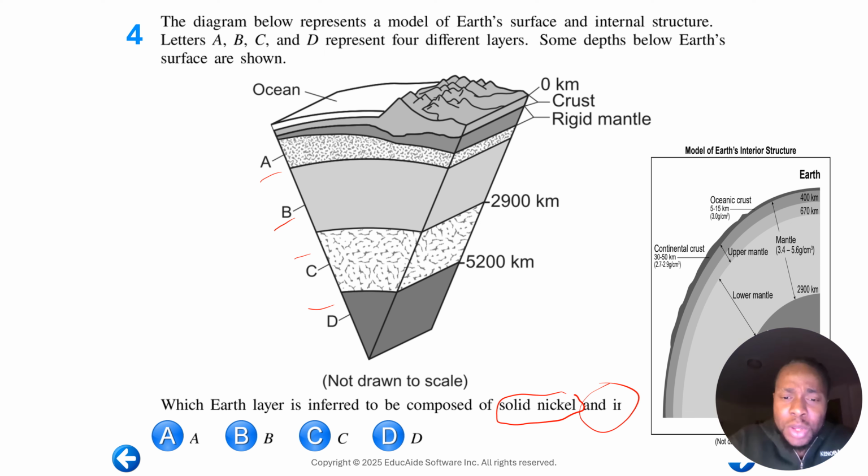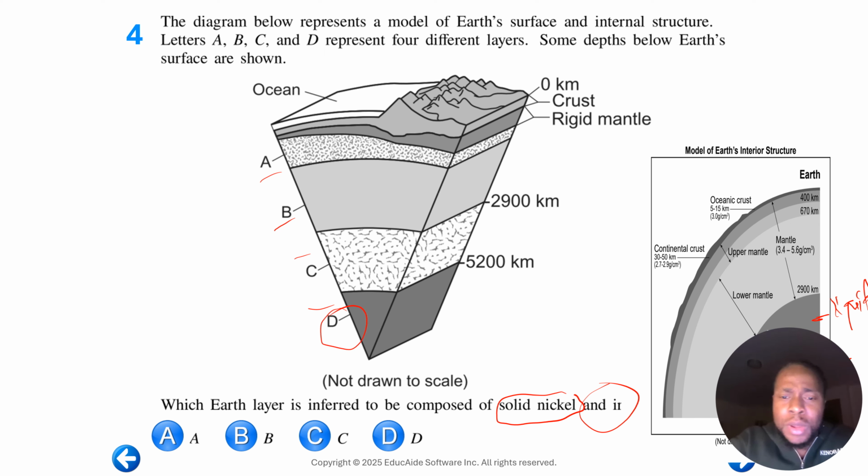We said it is the outer core and the inner core that would be rich in iron and nickel. However, we said the outer core is liquid, is fluid, so it cannot contain solid nickel or iron. It can only be the inner core. So the inner core definitely would be the layer D.